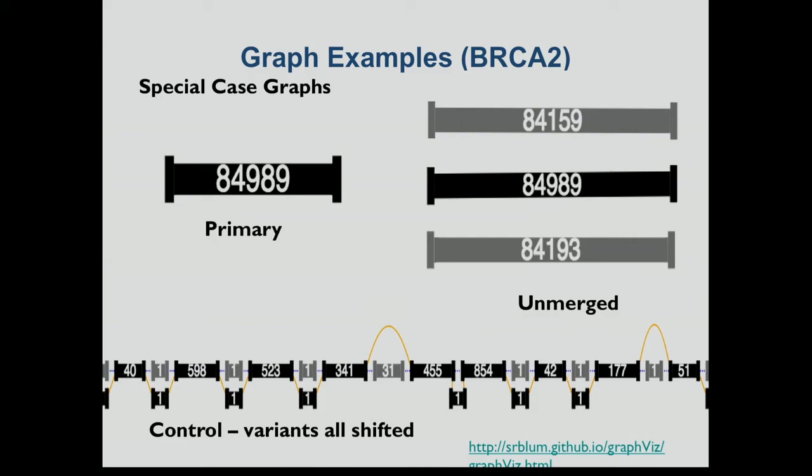And when you do that, you get these bumpy graphs. In order to see what the bumpiness did, we have this control graph which simply takes all the bumps and shifts them over by 200 bases. So you have a complete nonsense set of SNPs, but it controls for the topology of the graph. The topology of the graph is identical, but it has nothing to do with biology.